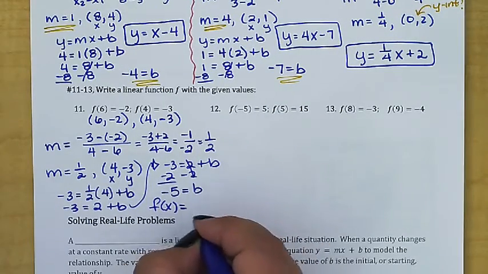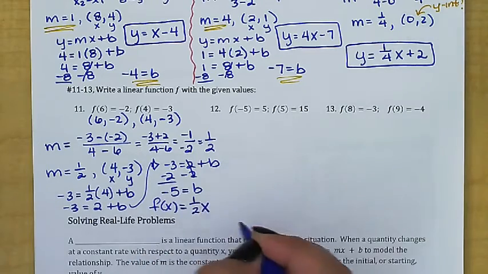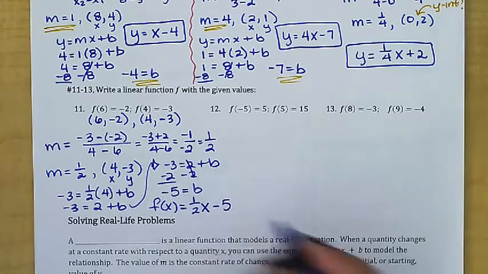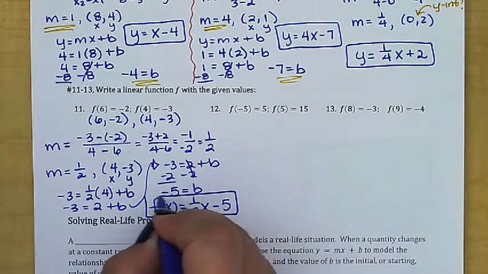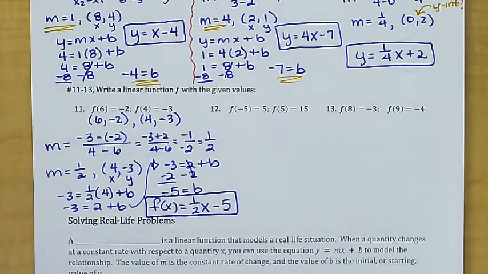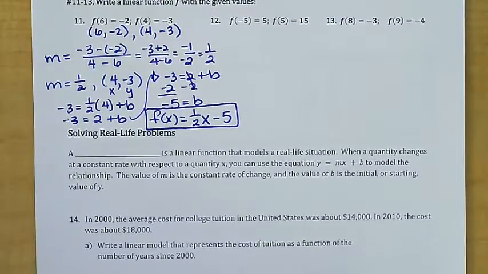So f of x equals our slope that we found times x, and then our y-intercept. So y equals 1/2 x minus 5, or even better yet, since they're using function notation, f of x equals 1/2 x minus 5.